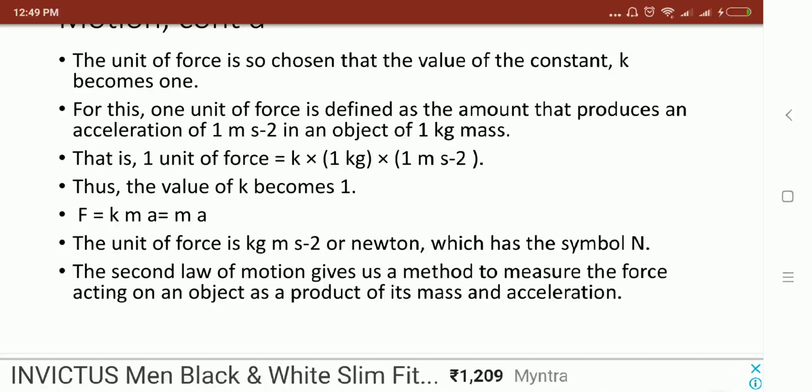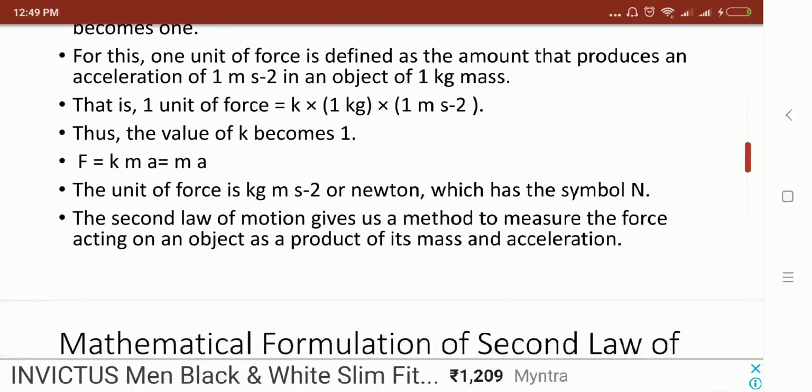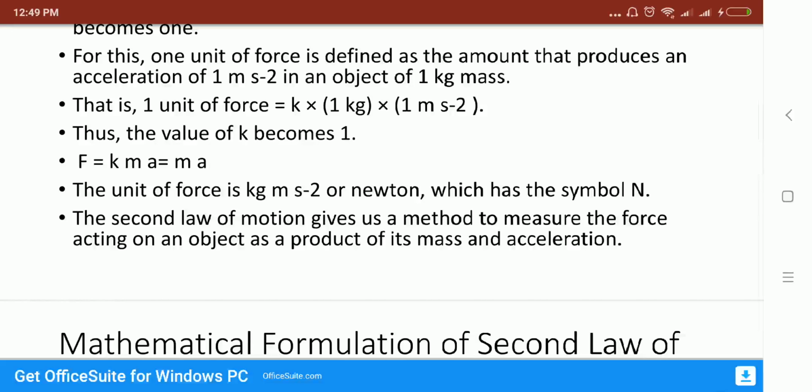It is defined as a unit with the symbol N, Newton. So the second law of motion gives the method to determine the force applied on an object with mass m accelerated with acceleration a.